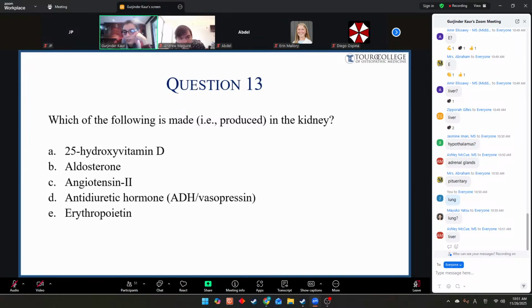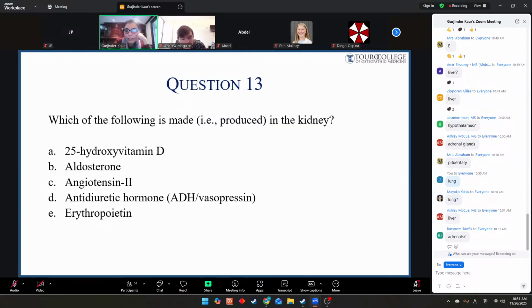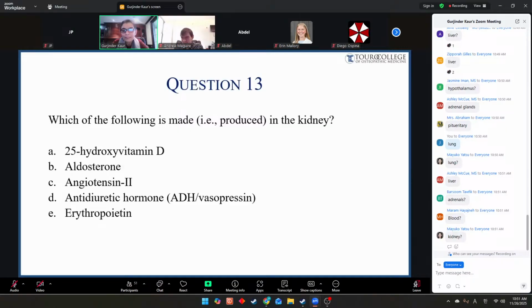Liver is producing, Ashley, liver is producing angiotensinogen. The site for angiotensin 1 production. No, not adrenals. Yes, blood is the right answer. Bloodstream. That's where it is getting converted.